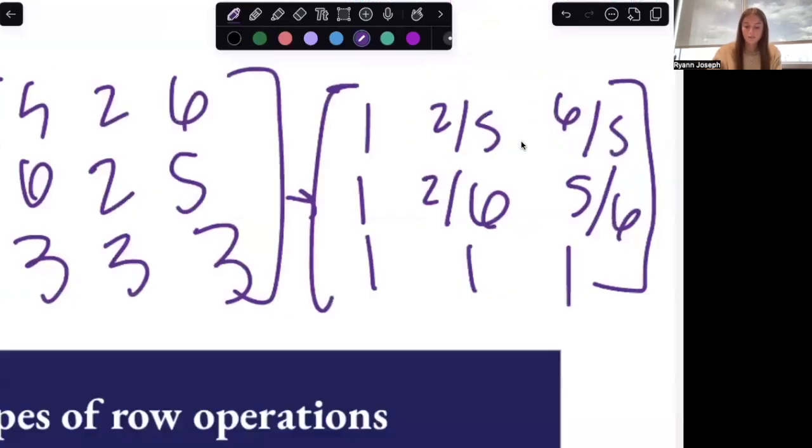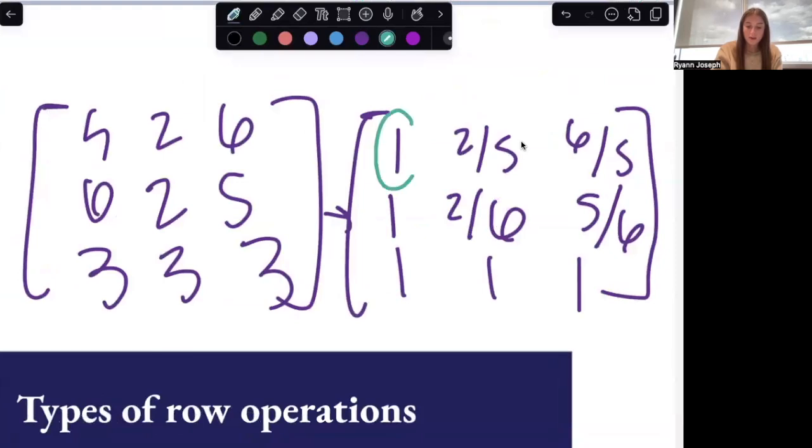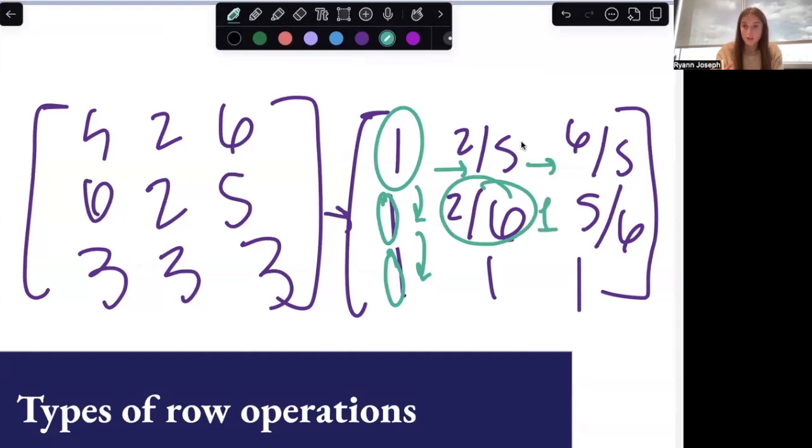So in this case, this is my leading one. There can be entries after it that are non-zero, but everything below it must be a 0. That would necessitate that instead, this would become our leading one in this row.